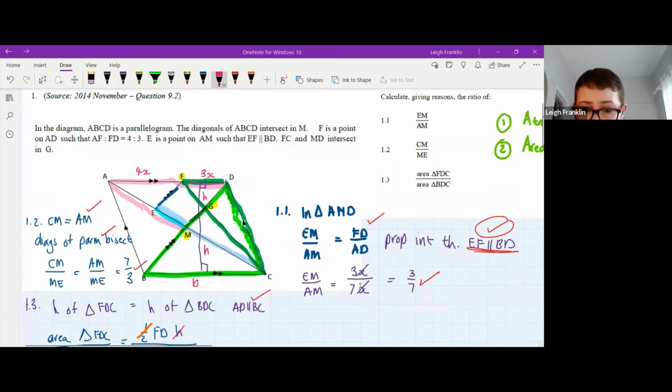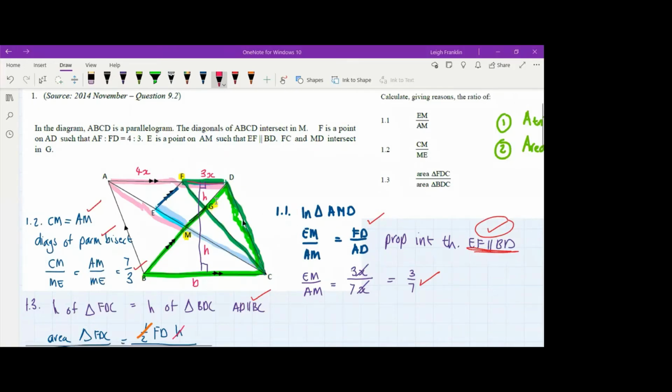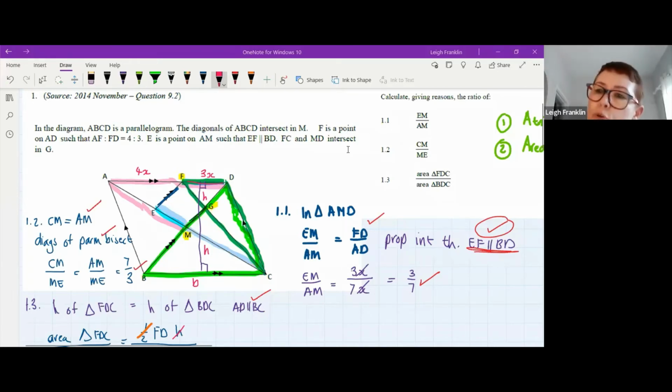Are there any questions that you want to ask? Ma'am, why did I draw a line between FD and BC? Oh, I was trying to show you, Cassandra, that that was going to be the perpendicular height that was the same for both.